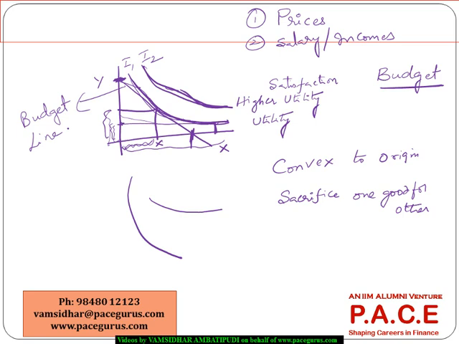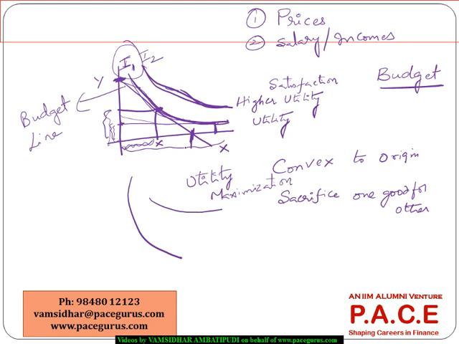Now, what we have to see is that whatever the consumer is going to enjoy is that particular indifference curve which meets the budget line. Probably this is where the indifference curve is touching the budget line. That is his utility maximization scenario given his budget constraint.